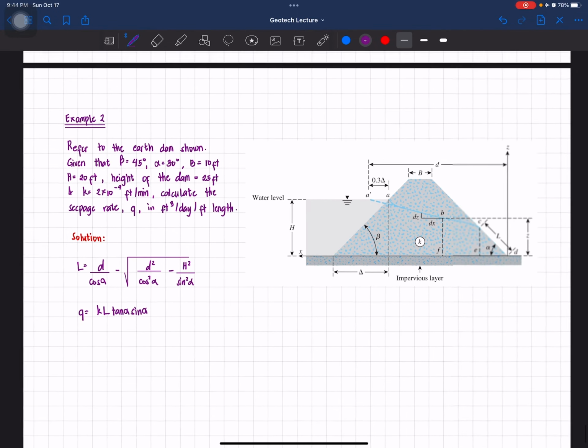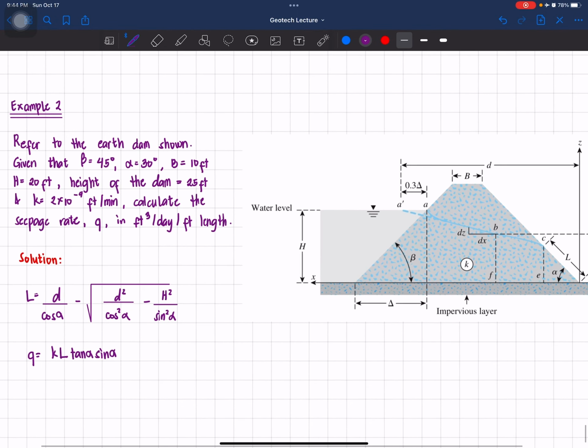Let us read the problem. Refer to the earth dam shown, given that beta equals 45 degrees, alpha is 30 degrees, B is 10 feet, and H is 20 feet. Height of the dam is 25 feet. And K equals 2 times 10 to the negative 4 feet per minute. Calculate the seepage rate Q in cubic feet per day per foot of the length.